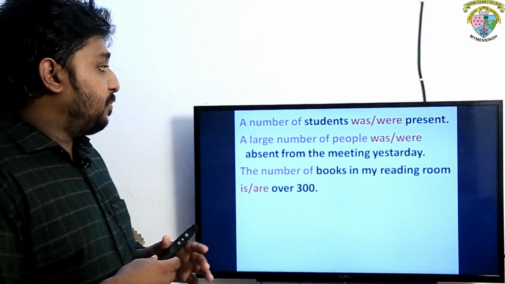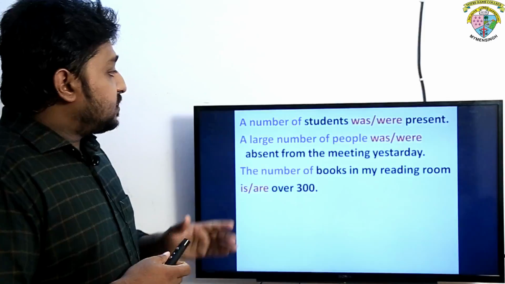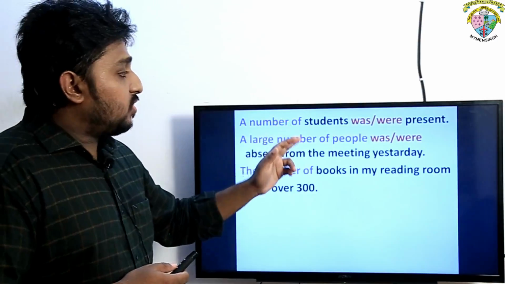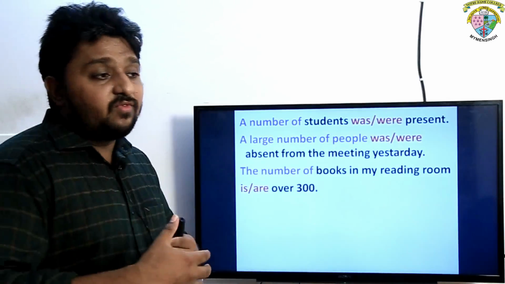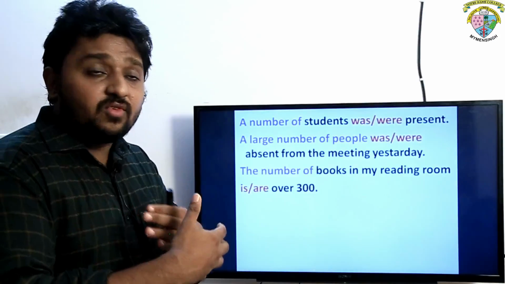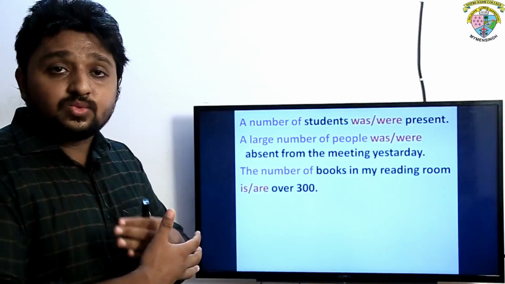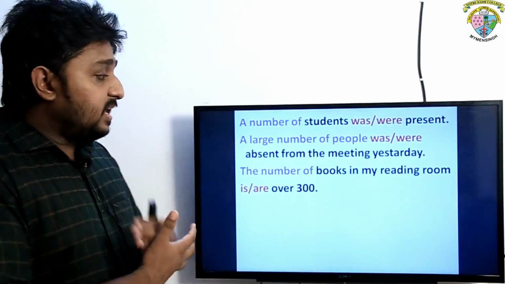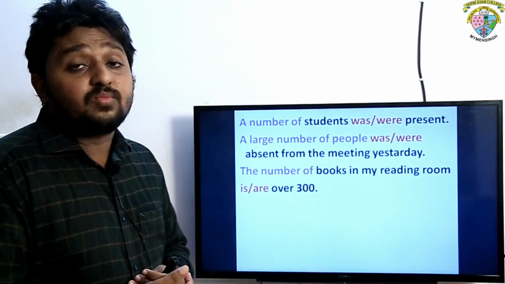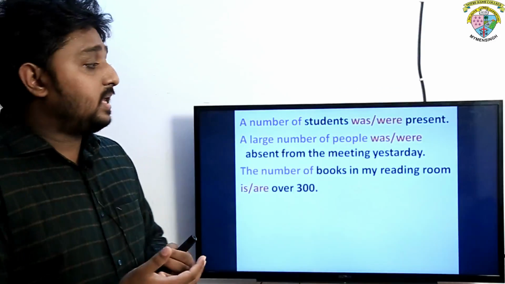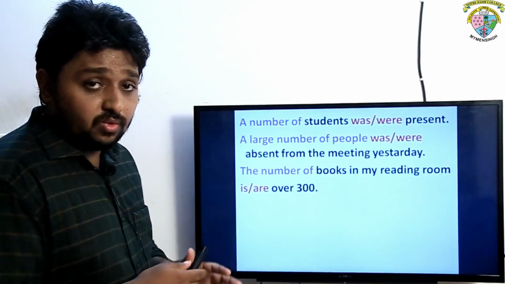Once again, I want to repeat. If you see in a sentence a large number of or a number of placed before a plural noun, it will receive a plural verb. But if you see the number of before a plural noun, it will receive a singular verb.